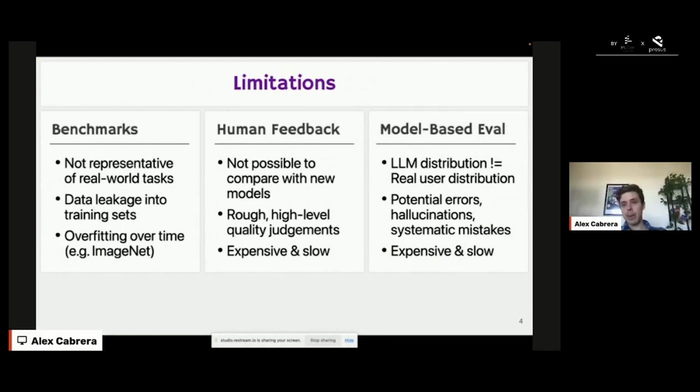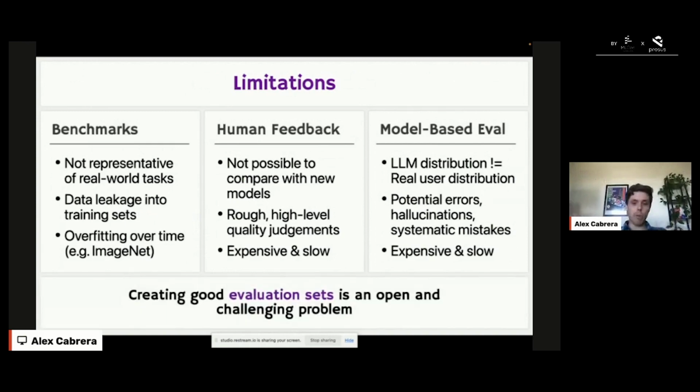And then for human feedback and model-based evaluation, these are often just very expensive and slow. For human feedback, you can't do model comparison. If you have a bunch of feedback for one model and then you update that model, how can you compare? You have to put it back in the world and get more feedback. And then the classic model-based evaluation issue: if you're using an evaluator model, the evaluator can also hallucinate or make mistakes, and has all the same limitations that your base model has.